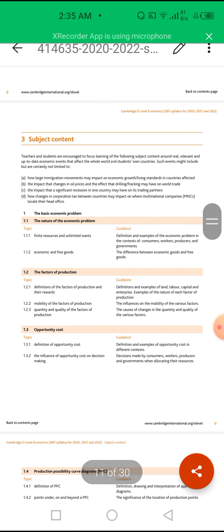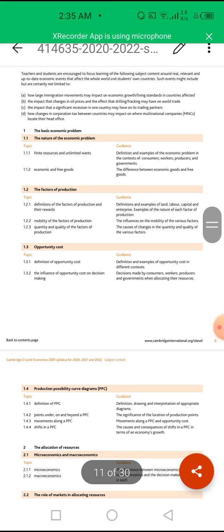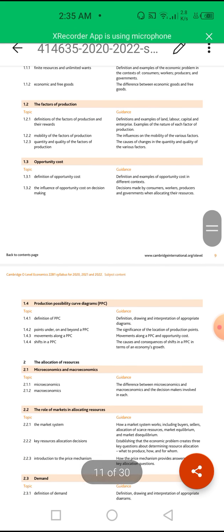Now move on to the basic subject contents. The first is the basic economic problem: why economics has been created, the factors of production as we have studied before in our business group, and opportunity cost, about which you better have an idea. Then the production possibility curve, which is a new thing.